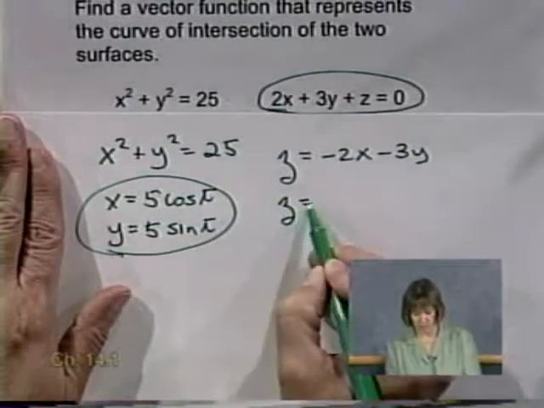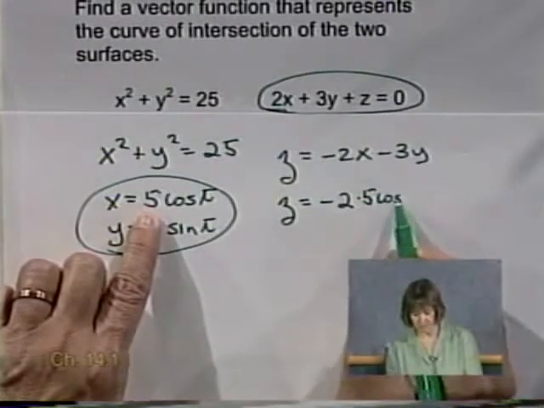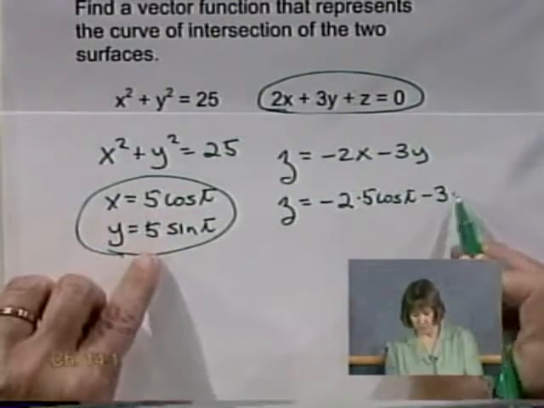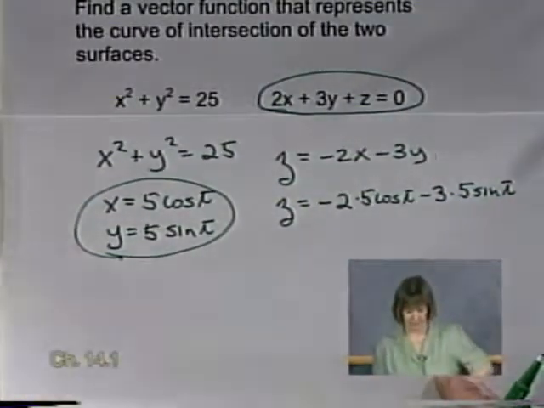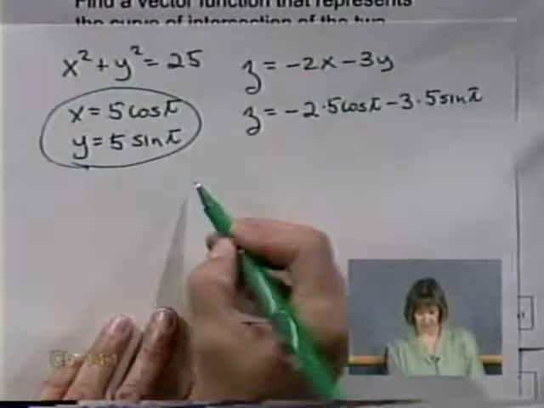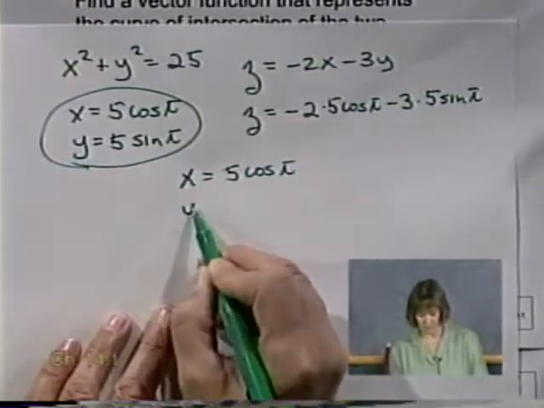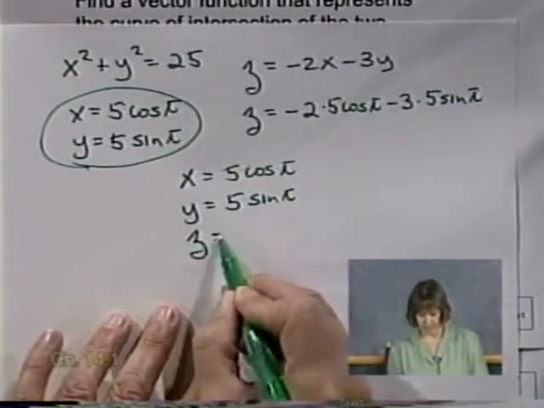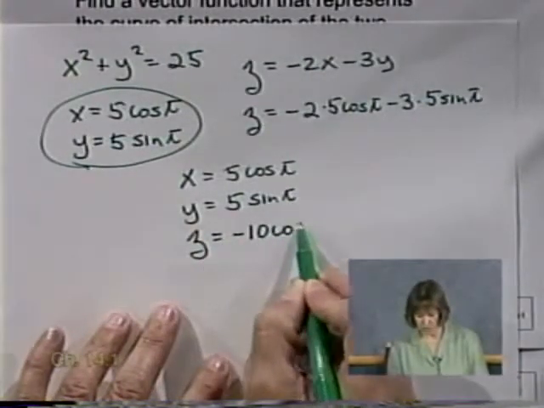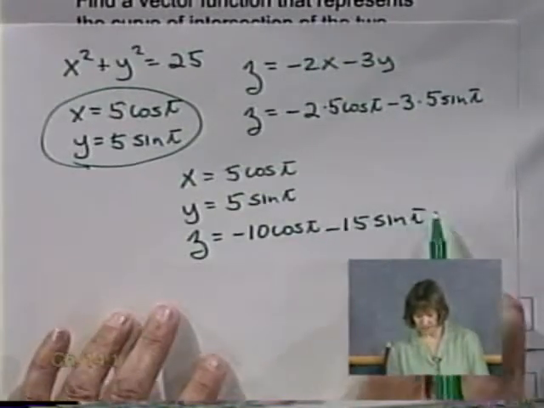So z would be minus 2, x is 5 cosine t, minus 3, y is 5 sine t. And so now I can say x is 5 cosine t, y is 5 sine t, and z would be, what do we have? Minus 10 cosine t, minus 15 sine t.